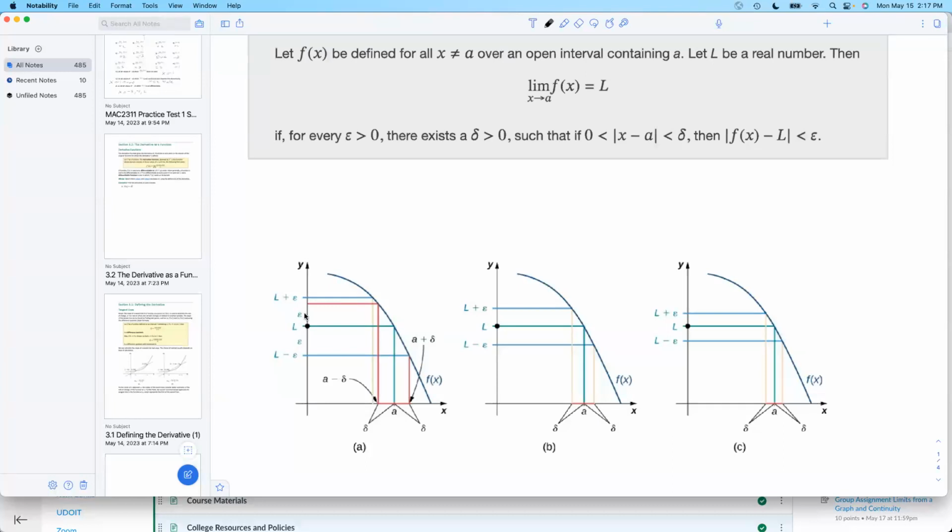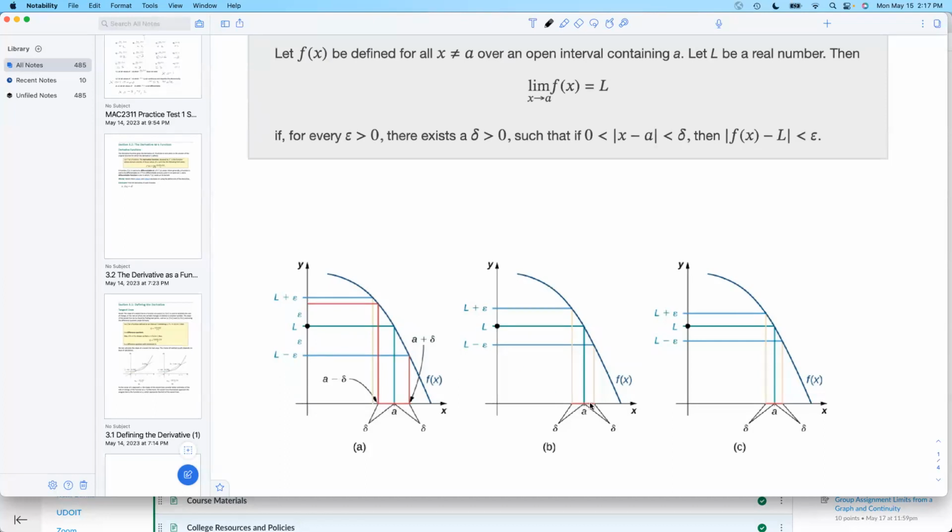So you pick an epsilon, then I get to say, okay, based on that epsilon, I'm going to choose this delta. And then as long as we use any of these x's, all of those y values will live inside that window you chose. And then you go, okay, I'm going to pick a smaller epsilon. So you pick a smaller window here. And then I go, okay, then I'm going to pick a smaller delta.